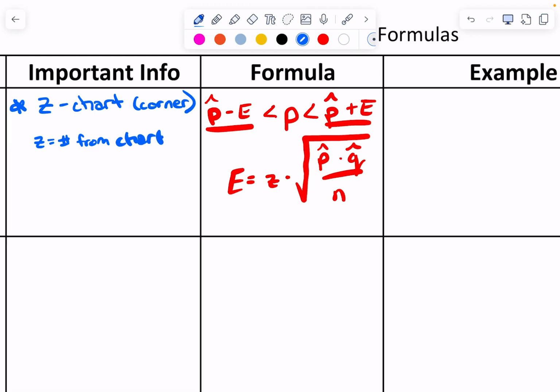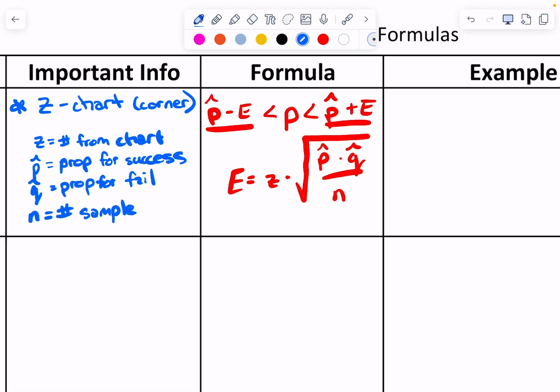P hat is your proportion for success. Q hat is the proportion for failure. It doesn't necessarily mean success and failure. It's just what I want and what I don't, right? And the only other thing is N, the number in your sample, or sample size.